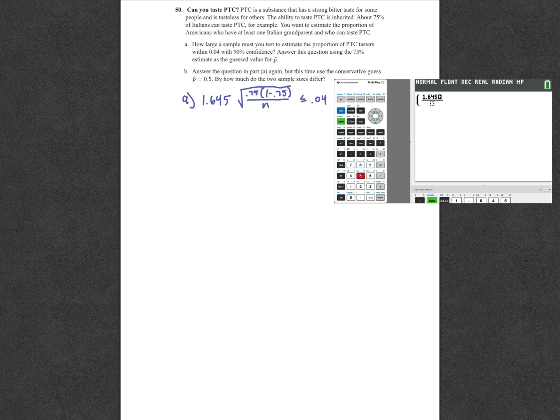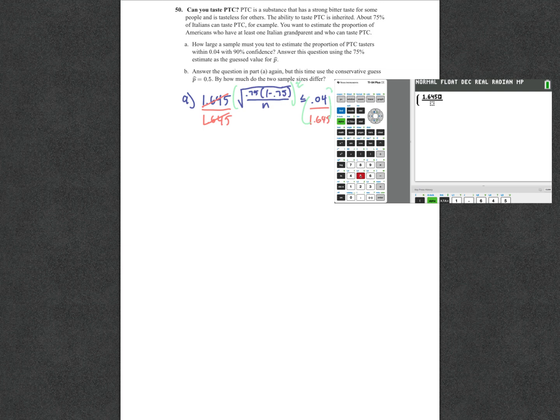Okay, so let's do this algebra, solve this. Okay, so we'll basically cancel that out, and then we'll square both sides after that. Square both sides, and square both sides.